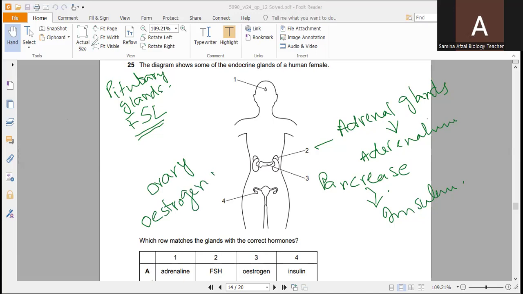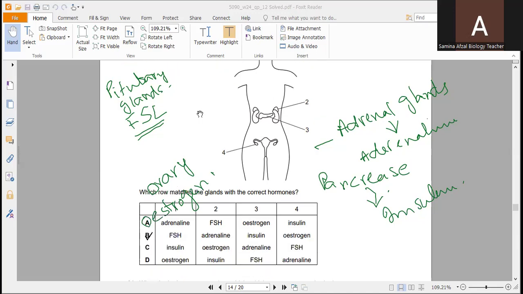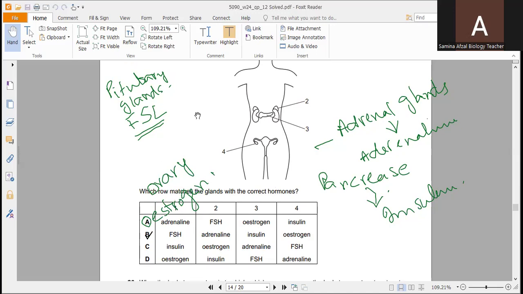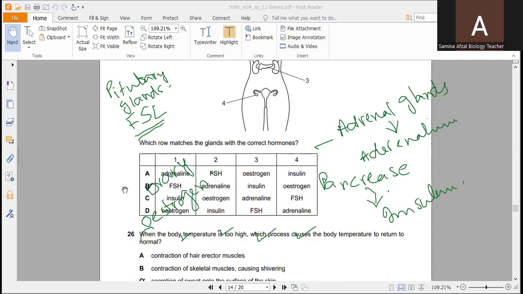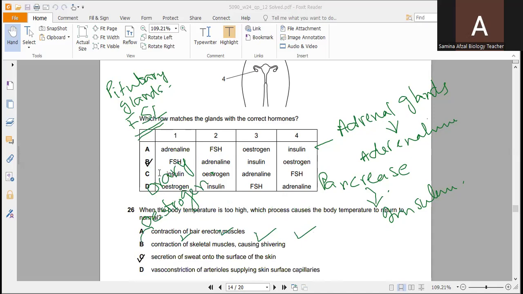So according to this, number 1 is follicle stimulating hormone, number 2 is adrenaline, number 3 is insulin, and number 4 is estrogen. So according to this, B is the correct option.